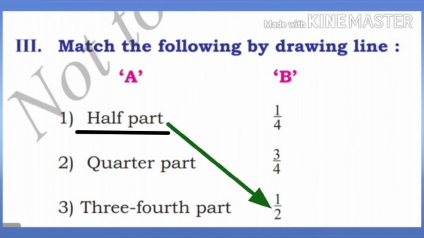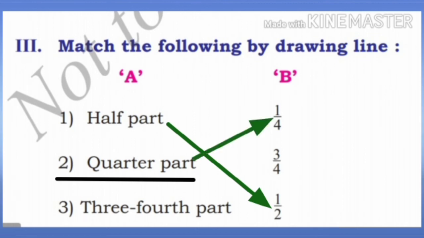Match it with 1/2. And second one, quarter part. Quarter part means 1/4. So match it with 1/4. And third one, 3/4 part. 3/4 means 3/4. So match it with 3/4.